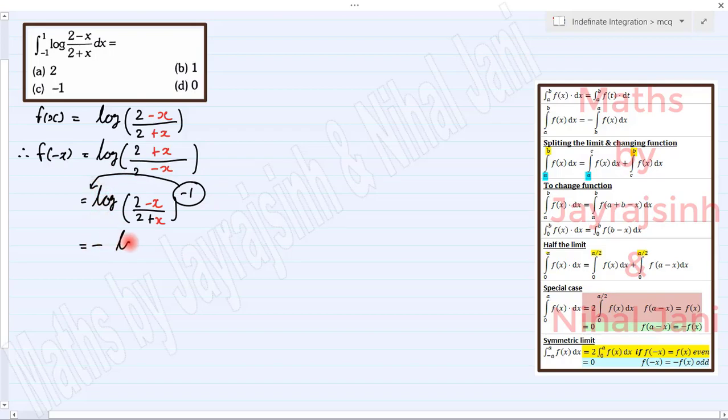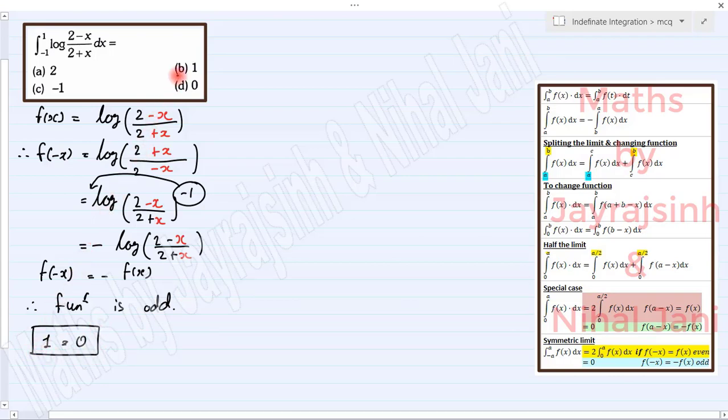So we will get minus of log of 2 minus x upon 2 plus x, which is nothing but your f of x. So here we get f of minus x is equal to minus f of x. So your function is odd. And for an odd function, your integration will be 0, which is given in option D. Ta-da!